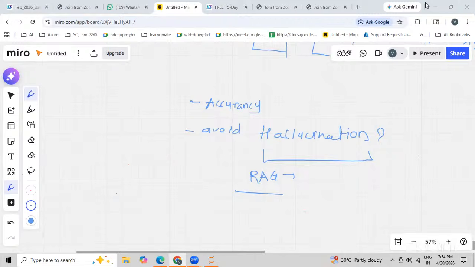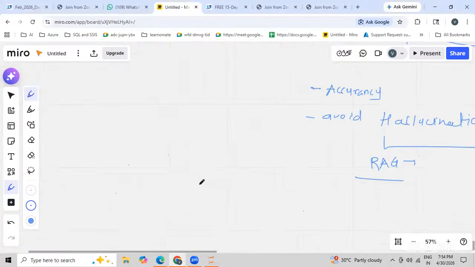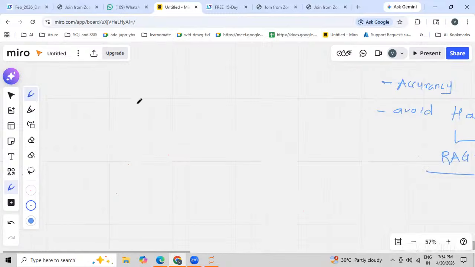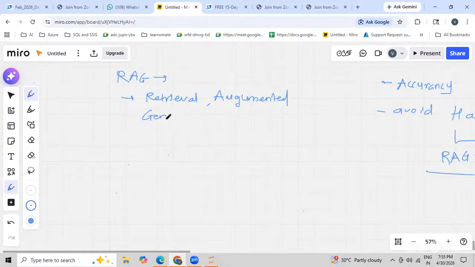So let's do a little summary about RAG. I'm going to give you some basic information about RAG now. What is the full form of RAG? It is retrieval augmented generation.